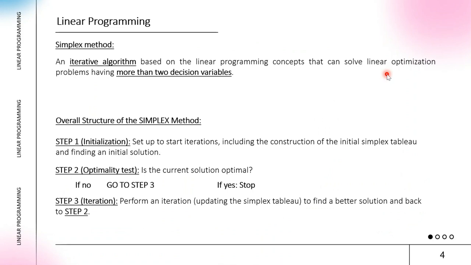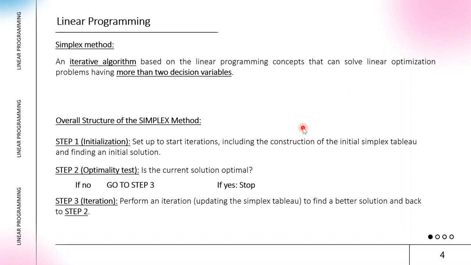The overall structure of the simplex algorithm is summarized as follows. Step 1. Initialization. We convert all inequality constraints into equality constraints using slack, surplus, and artificial variables to construct the initial table.